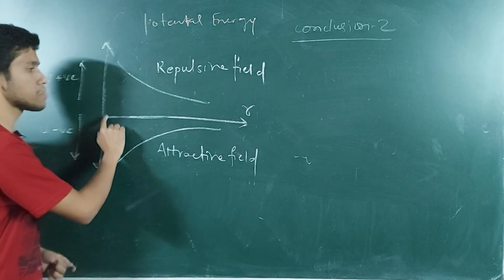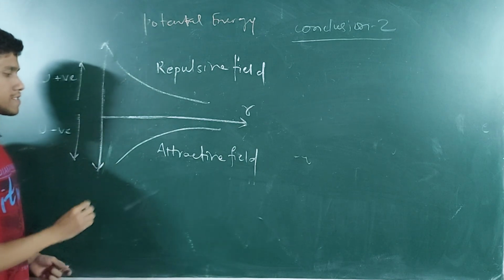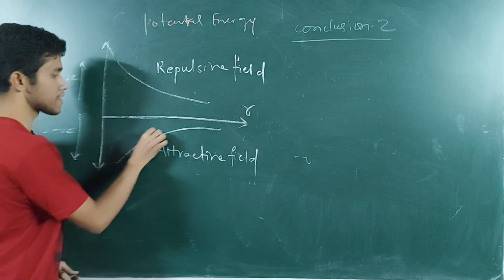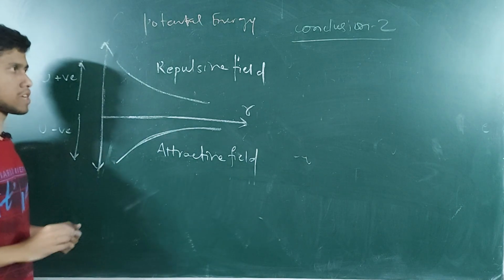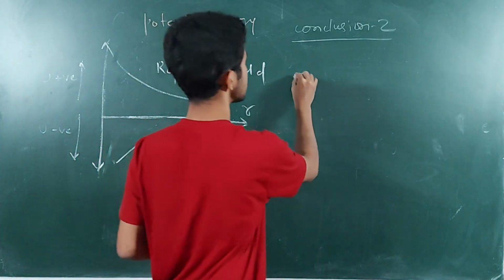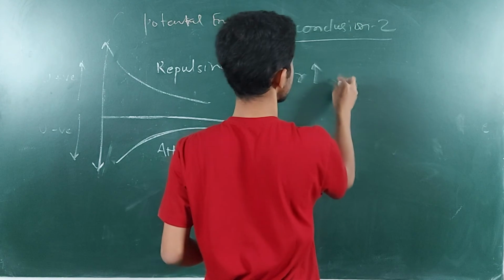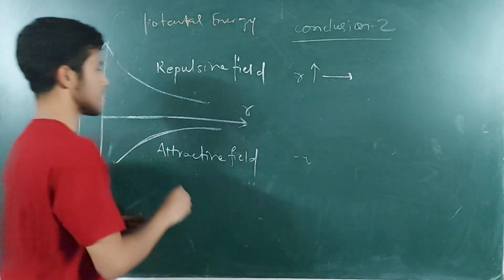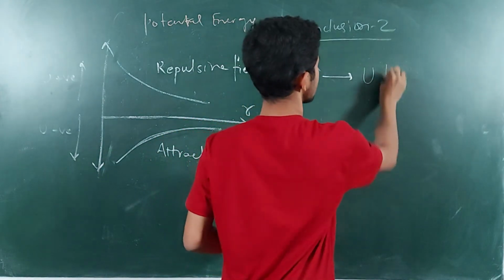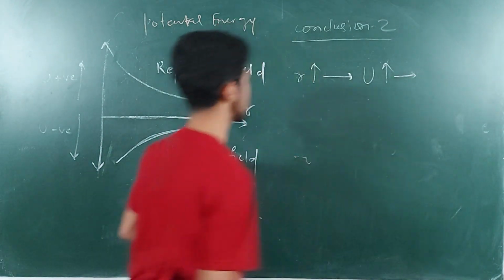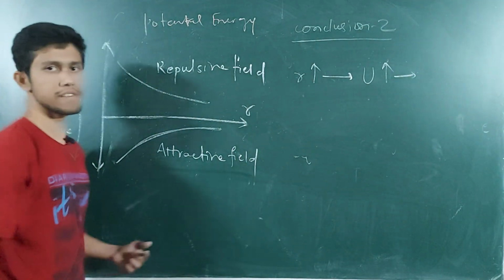As you go along the positive x-axis, you can see this graph is increasing, meaning the value of U is increasing. So if R is increasing and U is also increasing, then it is the graph of an attractive field.